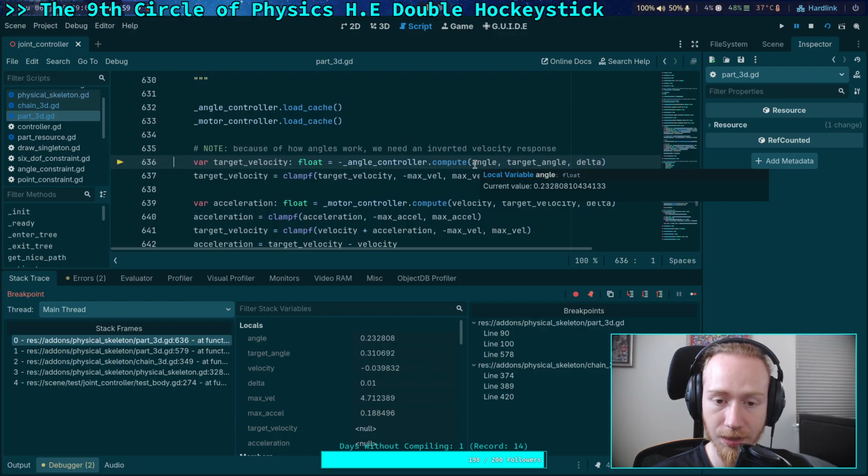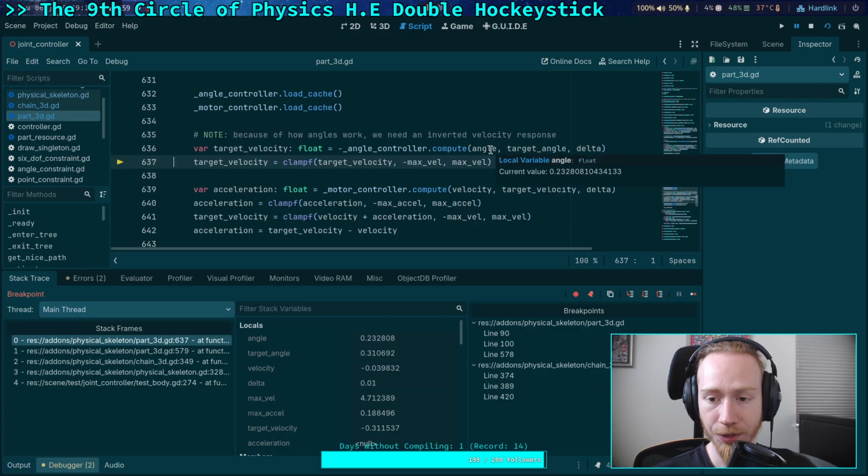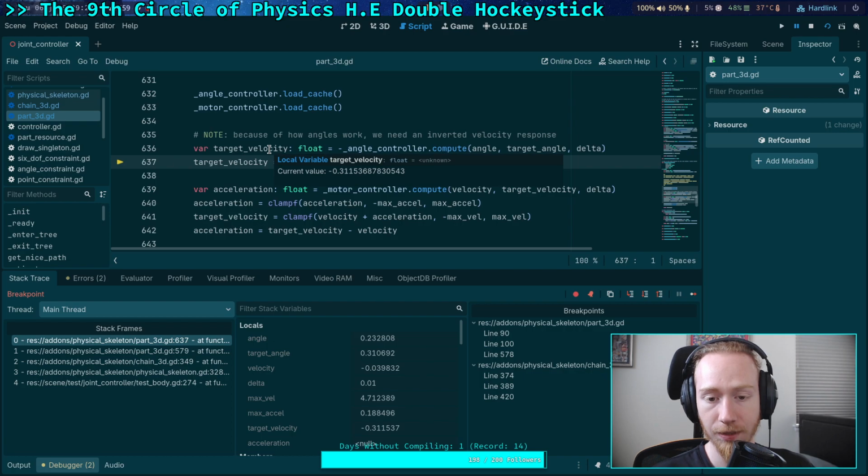It thinks it substantially overshot the angle. But even that shouldn't matter. I mean, that's fine. That should be okay. So it wants to increase the angle, which means this is going to be a negative rotation. Wow. Really? What?